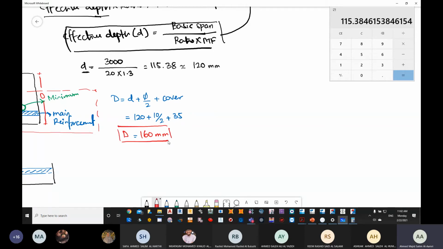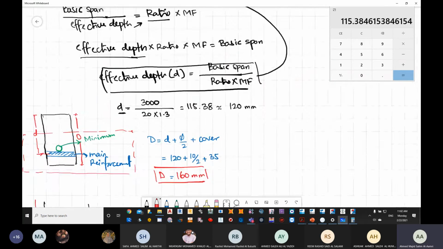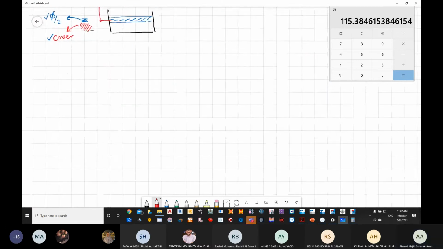Okay, this will give you around 160 as my depth. Now after we calculate our depth, we'll be able to calculate our loading.